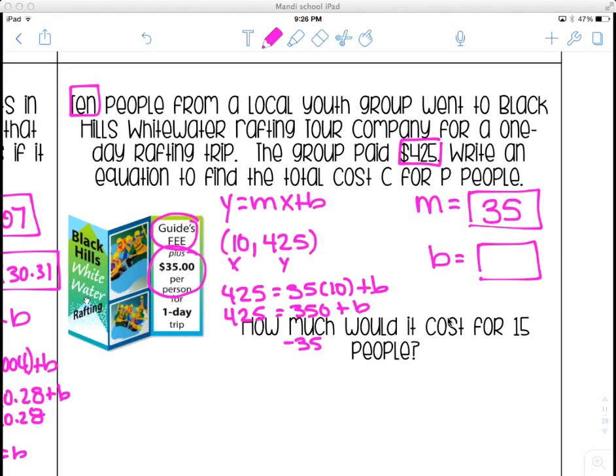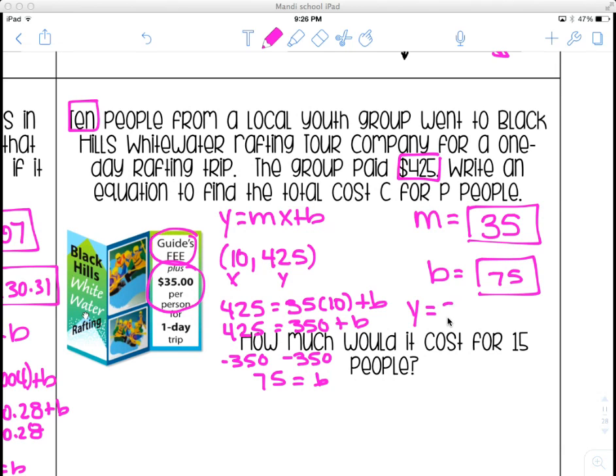And if we subtract 350 from both sides, b equals 75. So that would be y equals 35x plus 75, except that it told us that it wanted us to use C and P.